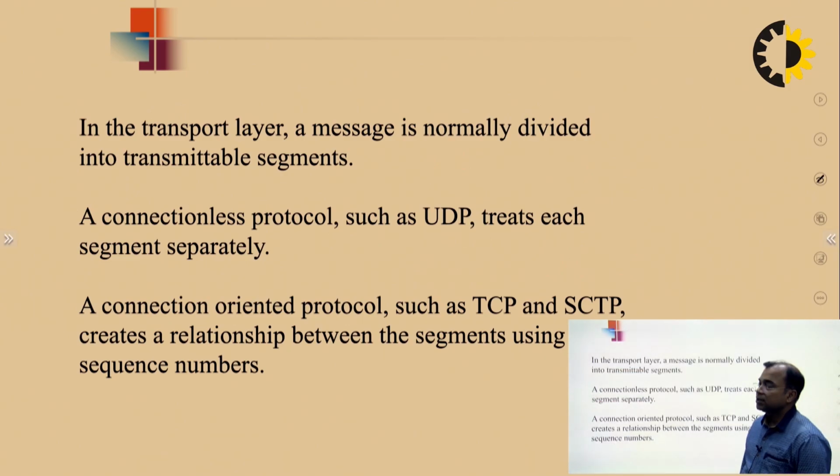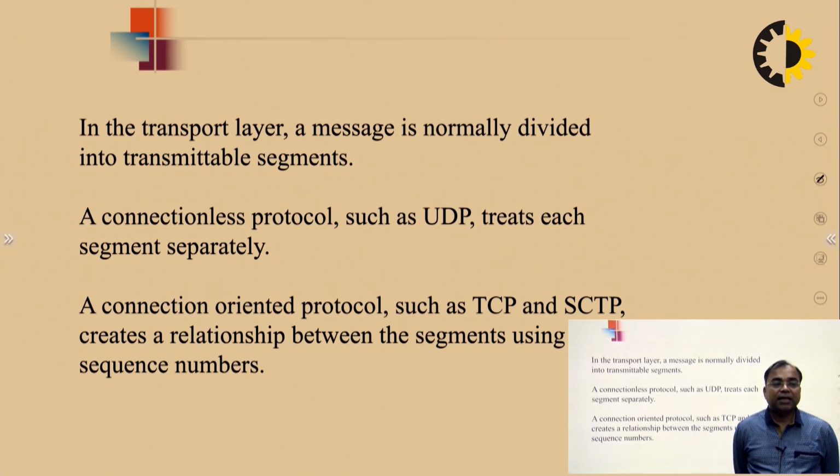So in this transport layer, a message is normally divided into transmittable segments, the segments which are transmitted over the network. A connectionless protocol such as UDP treats each segment separately. Every data packet is treated as a segment separately.